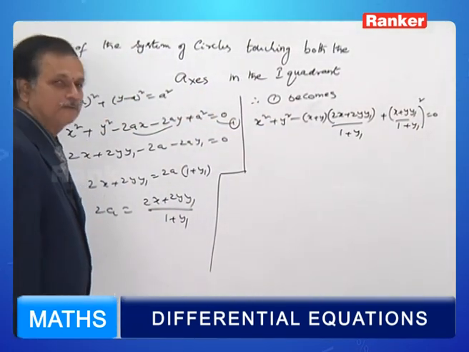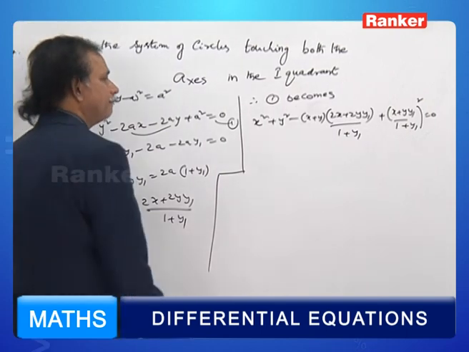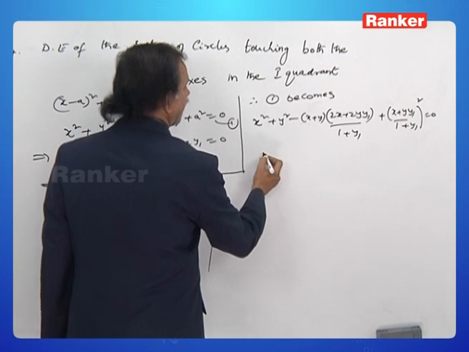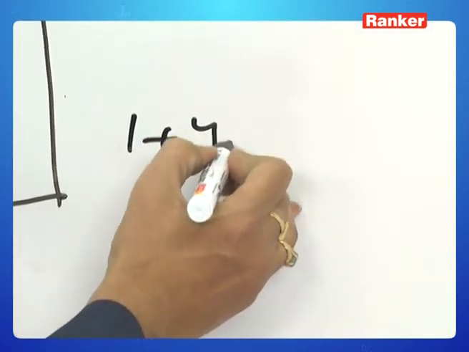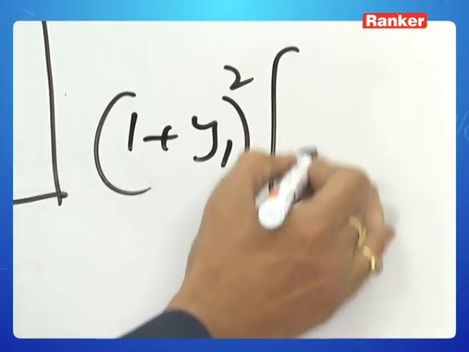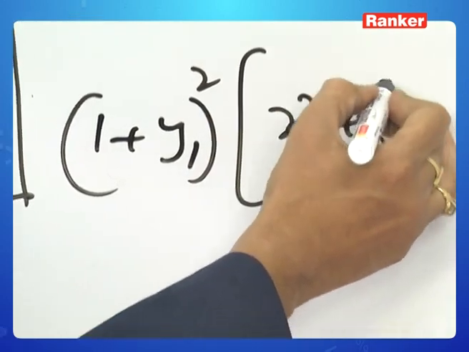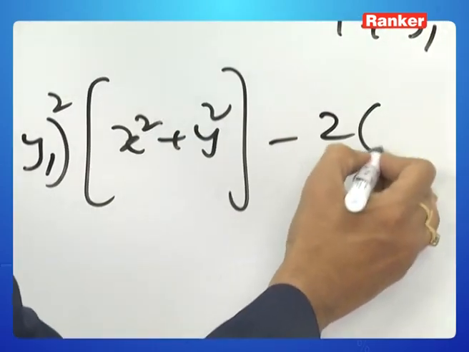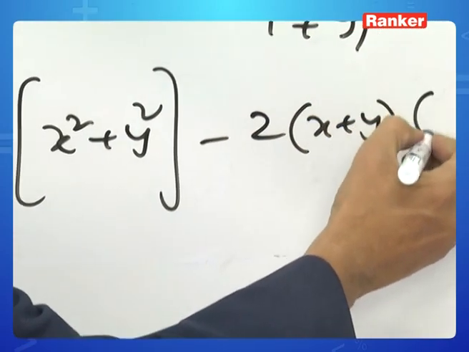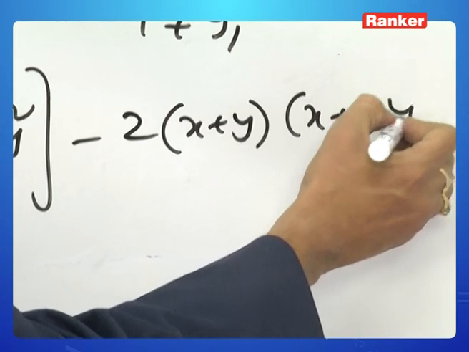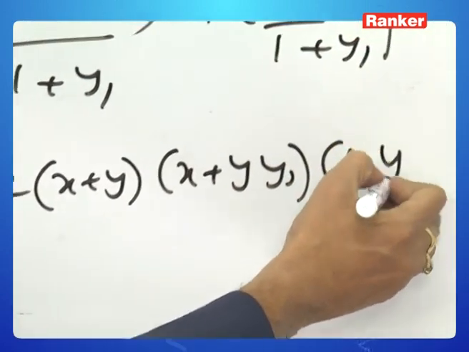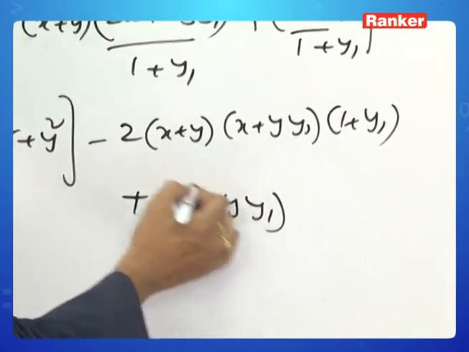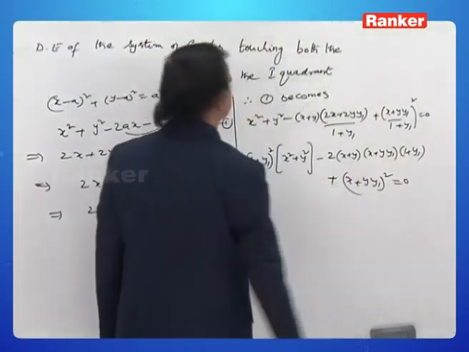That is the equation. To simplify it, we have (1 + y1)² (x² + y²) − 2(x + y)(x + y y1)(1 + y1) + (x + y y1)² = 0.